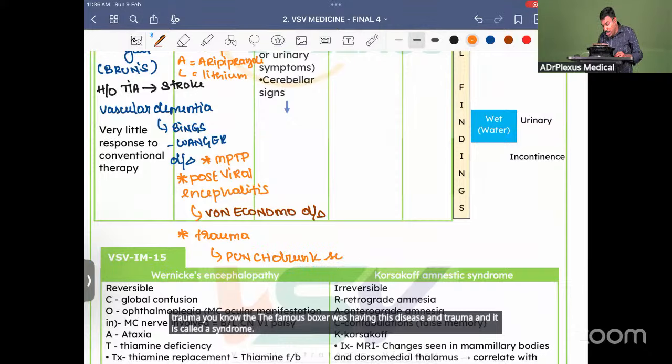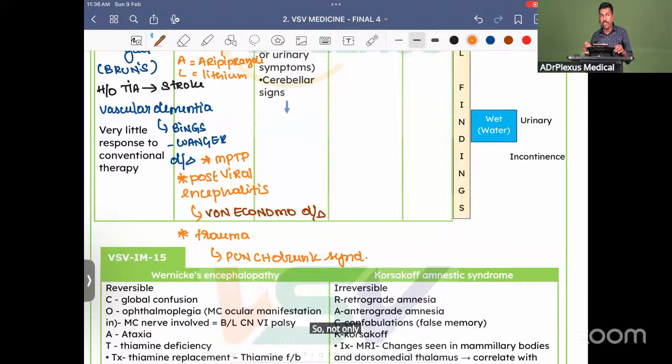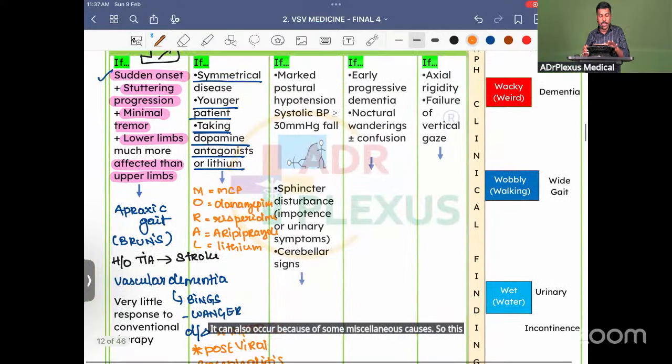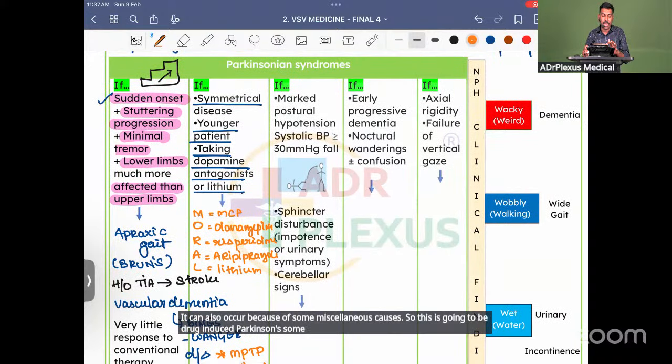So not only because of mutations or age related effects, it can also occur because of some miscellaneous causes. So this is going to be drug induced Parkinsonism. This is about your other causes.